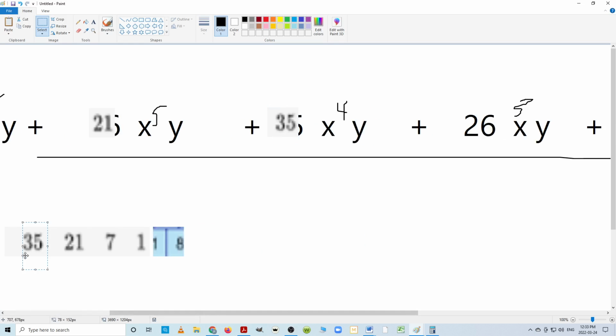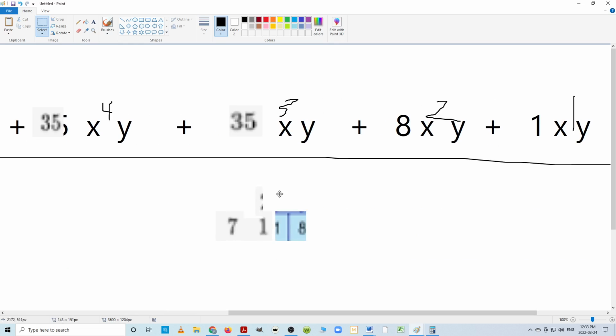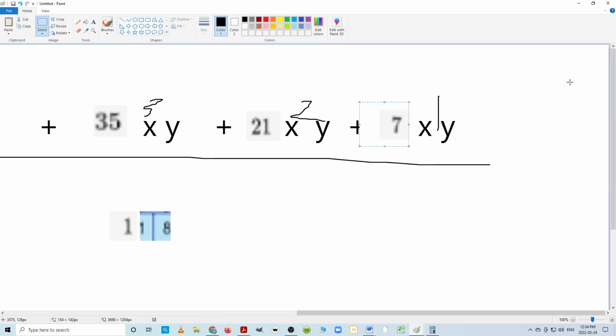And this has got to be a 35. And this has got to be a 21 rather. And this has got to be a 7. And then finally the one I missed. There's one more. Plus 1xy.